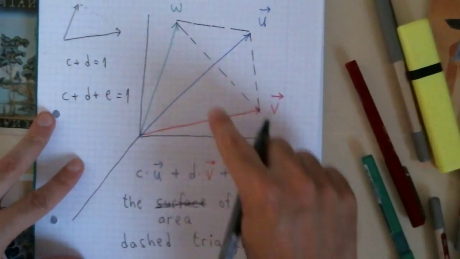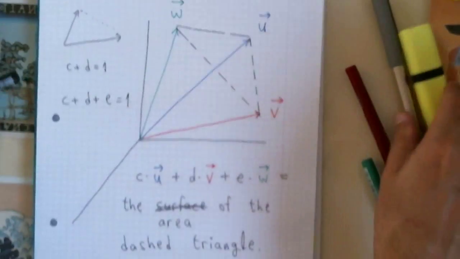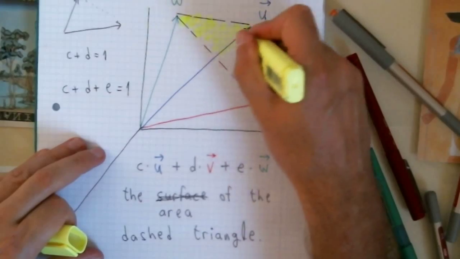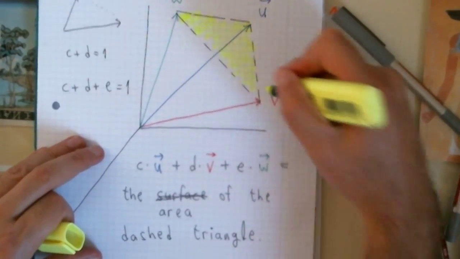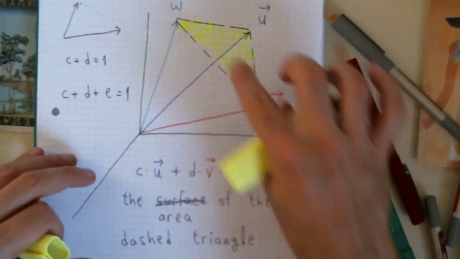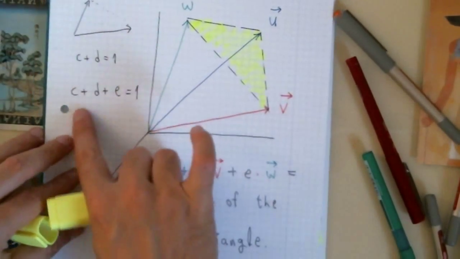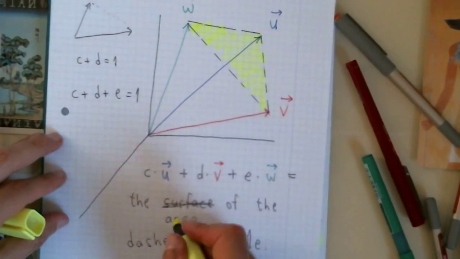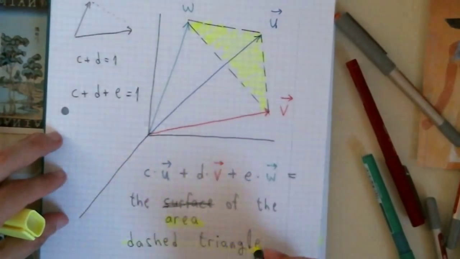Okay? If we keep C plus D plus E equals 1, this is the area of the dashed triangle.